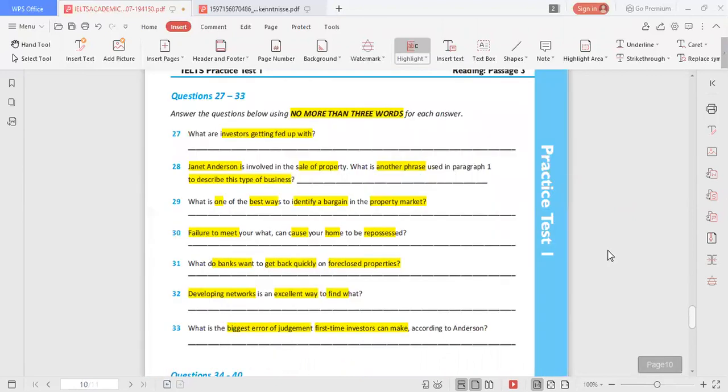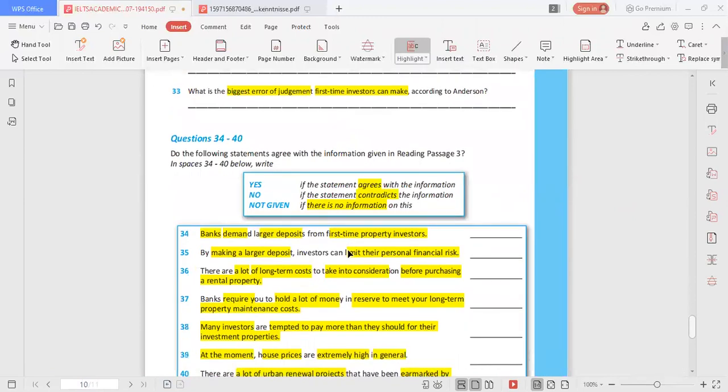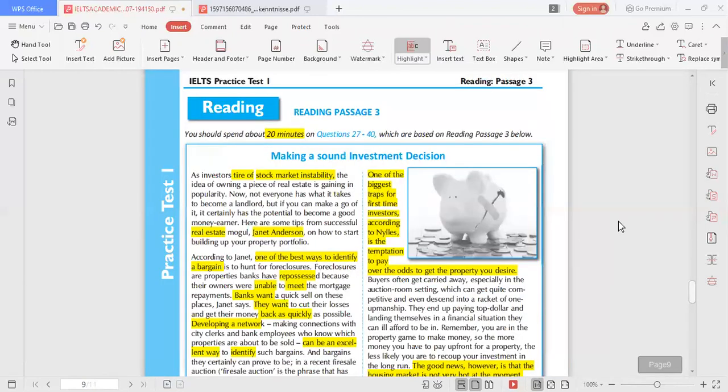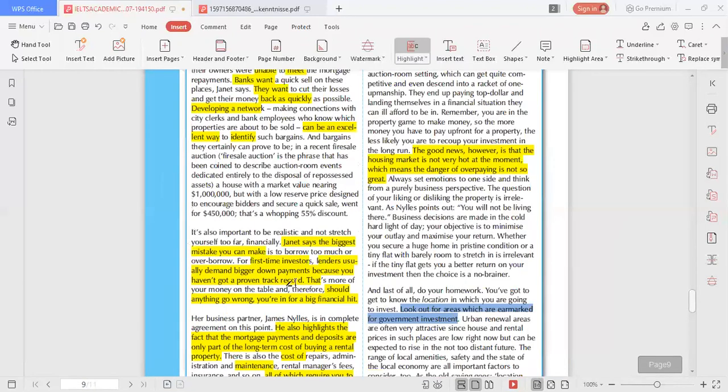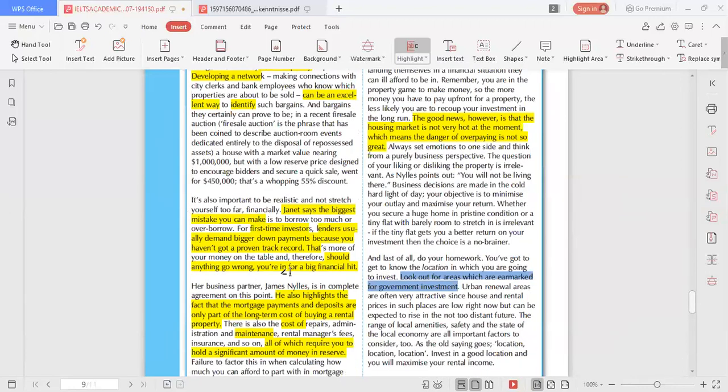Okay, so what does this say? 35 tells us investors can limit their personal financial risk. Obviously, this contradicts information in the text because it says if something goes wrong, you're in for a big financial hit. That means you lose everything, right? You're in for a big financial hit, so the big tells us it's not limited.